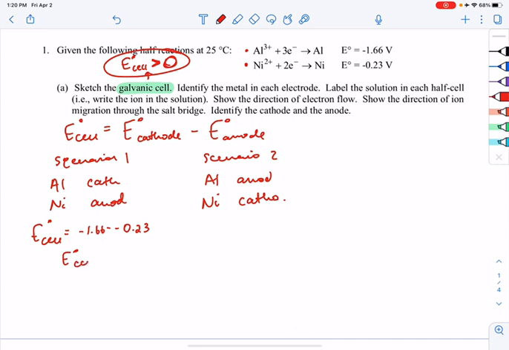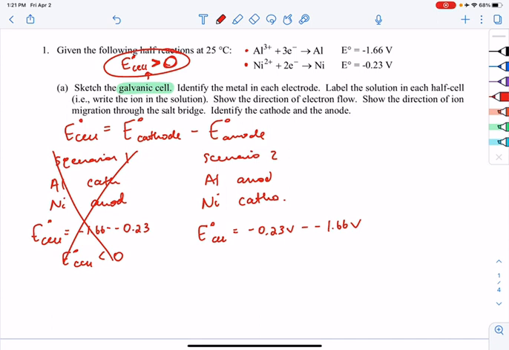Well, in this example, E cell is still negative, right? So this probably is not what's going to happen. But let's just check. Here, we would have the cathode, which is negative 0.23 volts minus negative 1.66 volts. Well, I hope that you're seeing that this definitely would result in a positive cell voltage. I'm just trying to get my calculator out of my bag.